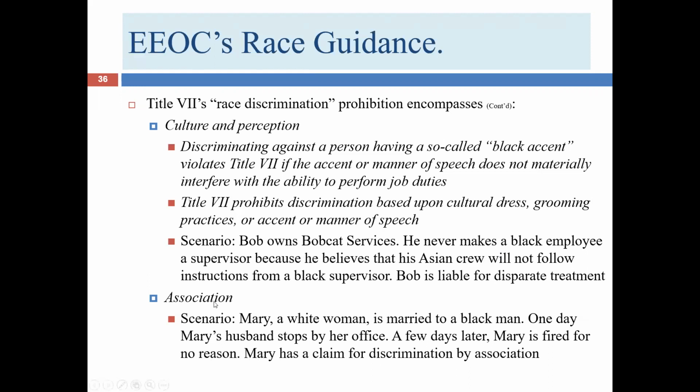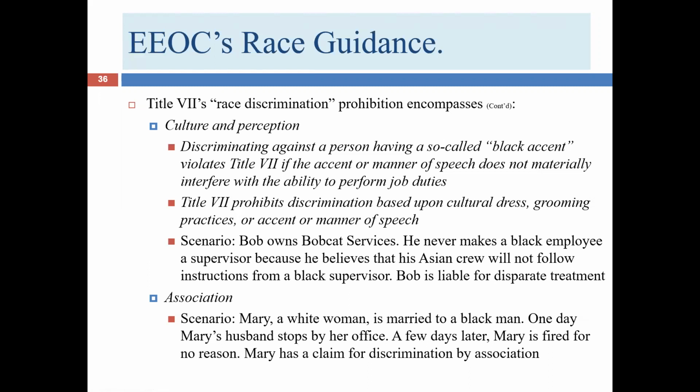Let's consider the issue of association. In this scenario, when we talk about association, we're talking about when a person has a connection to members of a different race. It could be familial, family-oriented, roommate-oriented. Lots of different connections can exist. It can actually be others, though. It could be that you attend a church with individuals of predominantly a different race.